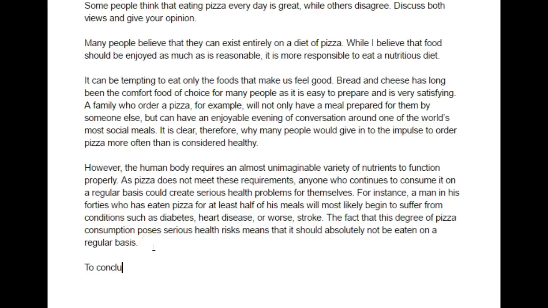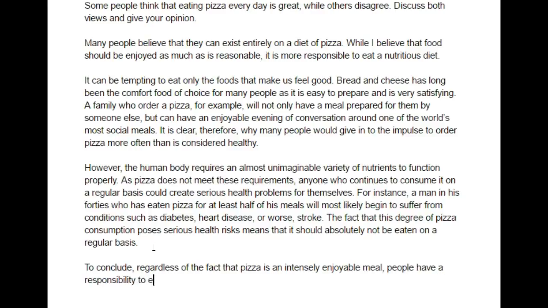So, to conclude... Regardless of the fact that pizza is an intensely enjoyable meal, people have a responsibility to exercise self-control.